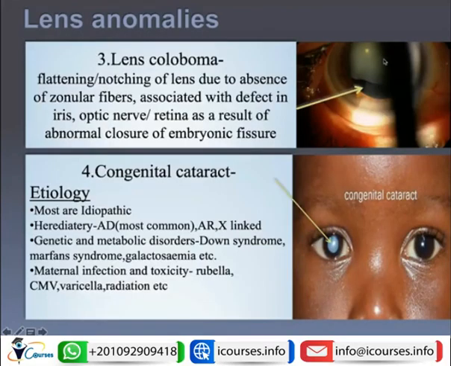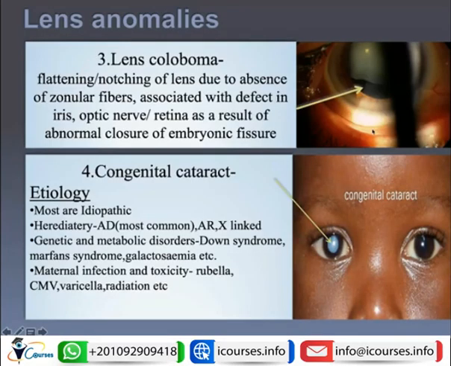The most important congenital defect from the perspective of the basic exam will be the lens coloboma. Coloboma means that there is a defect. This defect can be in any tissue, such as the lens, the iris, the choroid, the optic nerve, or the retina. This all occurs due to one reason: failure of closure of the embryonic fissure, as we will see at the end of the lecture.